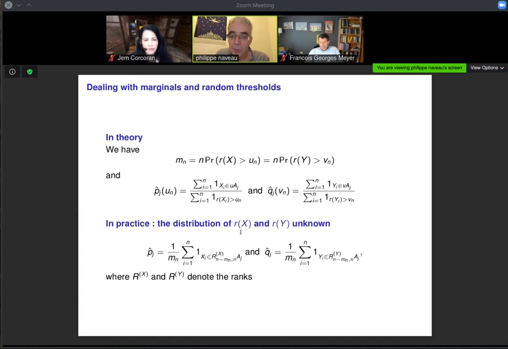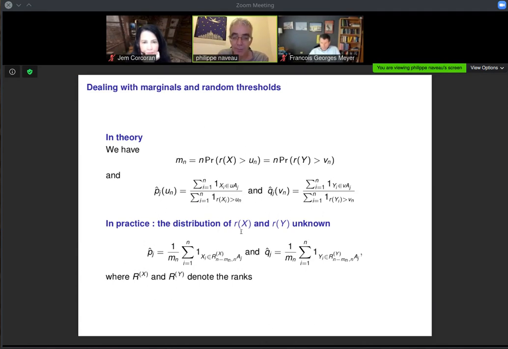So to solve this issue, we are not going to look at the value of R of X or R of Y, but we are going to look at the ranks, okay? Because in some sense, if I order my data, then this is kind of a quantile. And so if I work with the ranks, now I have an estimator of my P's, okay?